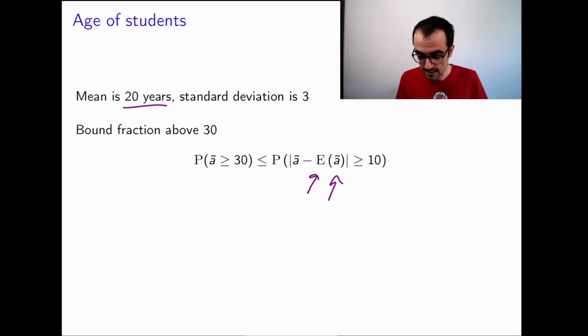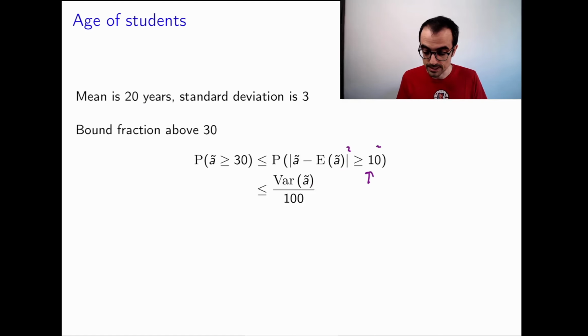So now we have a deviation from the mean. By Chebyshev's inequality, this is bounded by the variance divided by the square of this quantity, because again, we could square on both sides. Now the variance is equal to 9, so we get a bound of 9%. Compare this to the bound of 2/3 that we obtained with Markov's inequality.